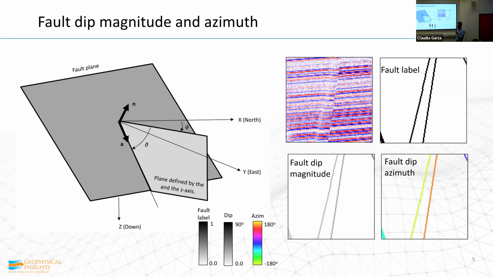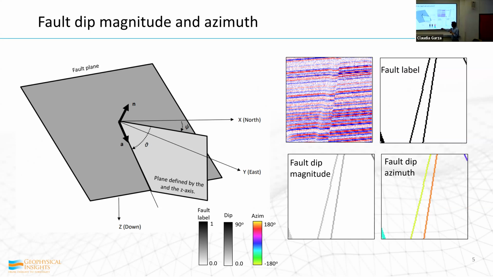And if we have a horizontal fault, like a horizon, the fault dip magnitude is 0. So you may want to use this dip magnitude to threshold your fault between different dipping angles, like steep, and to segment or classify your faults.